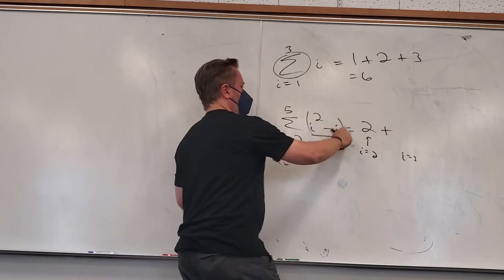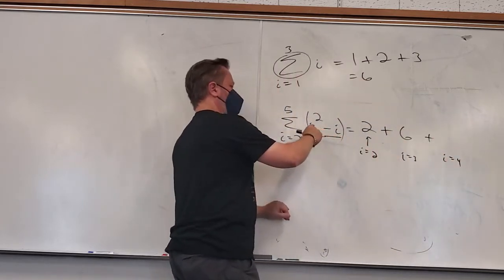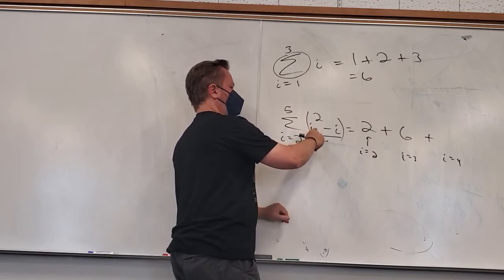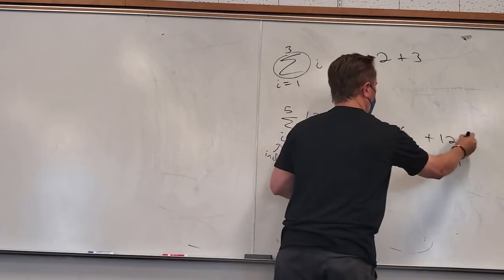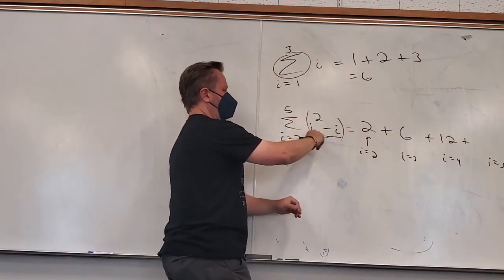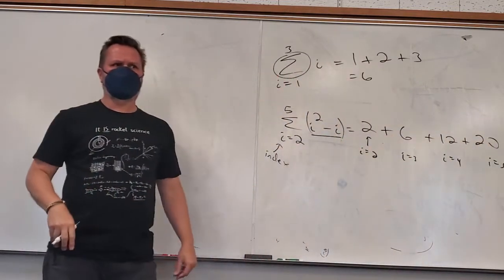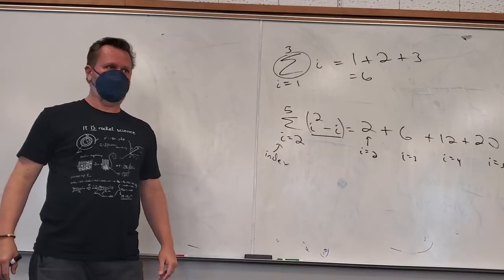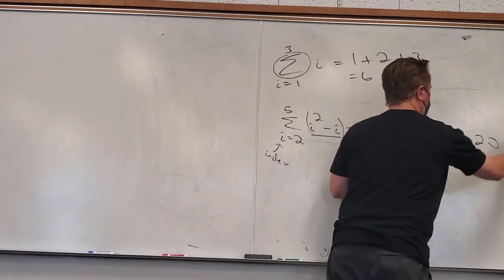You get 9 minus 3 is 6. i is 4: 16 minus 4 is 12. i is 5. That's as far as you go, right? 20. And then you just add those up, and you get 40.